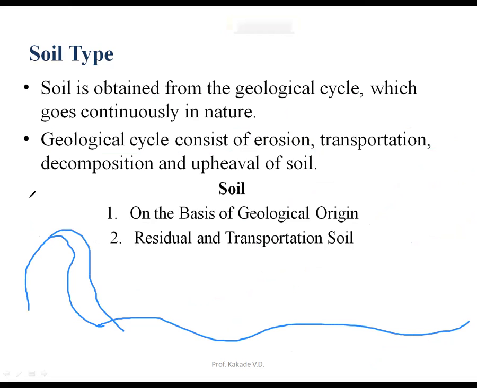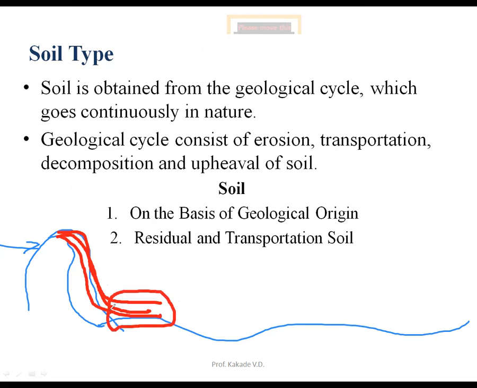Due to the air or any other thing, this rock is eroded and soil particles are formed here. So when the soil particle does not change its position for long, and it stays at that position or near the parent position, then it is known as a residual soil.